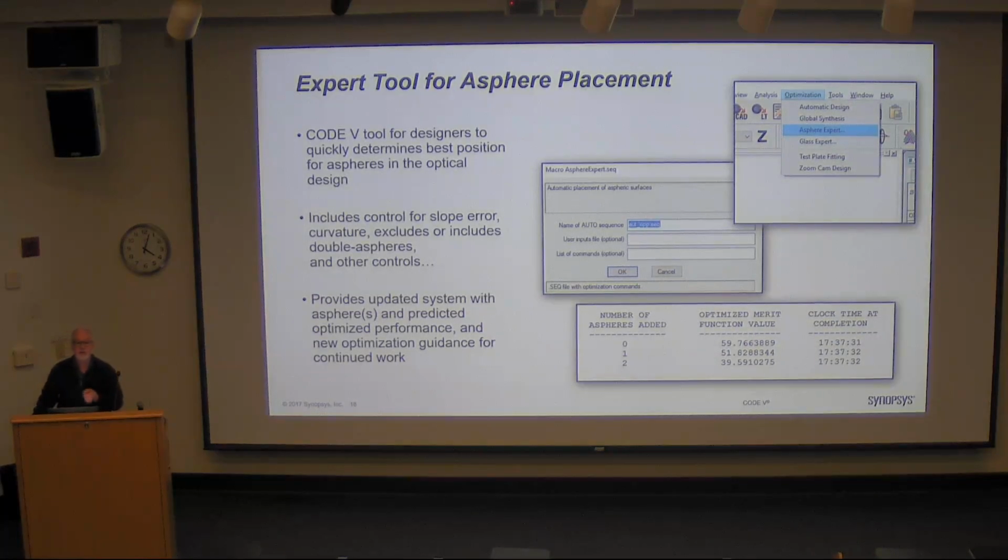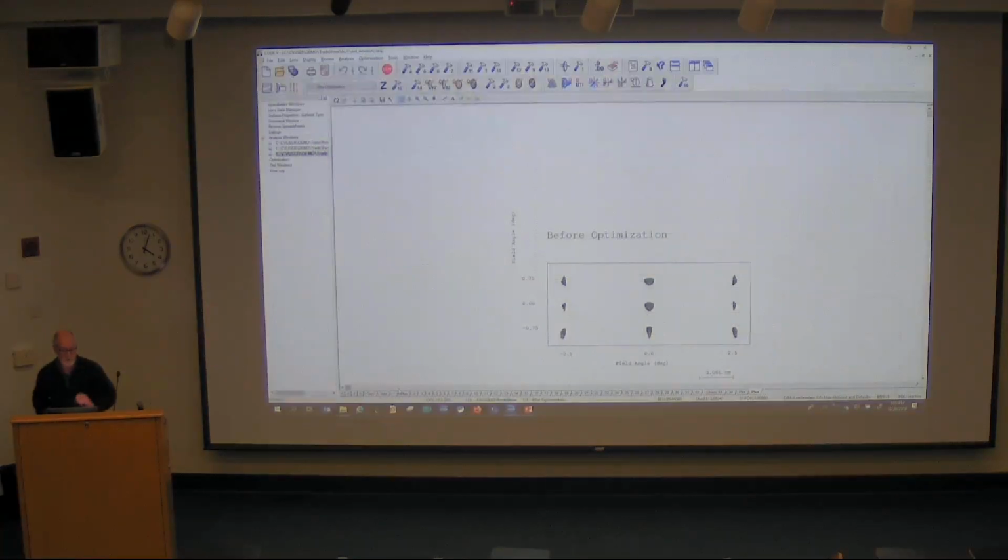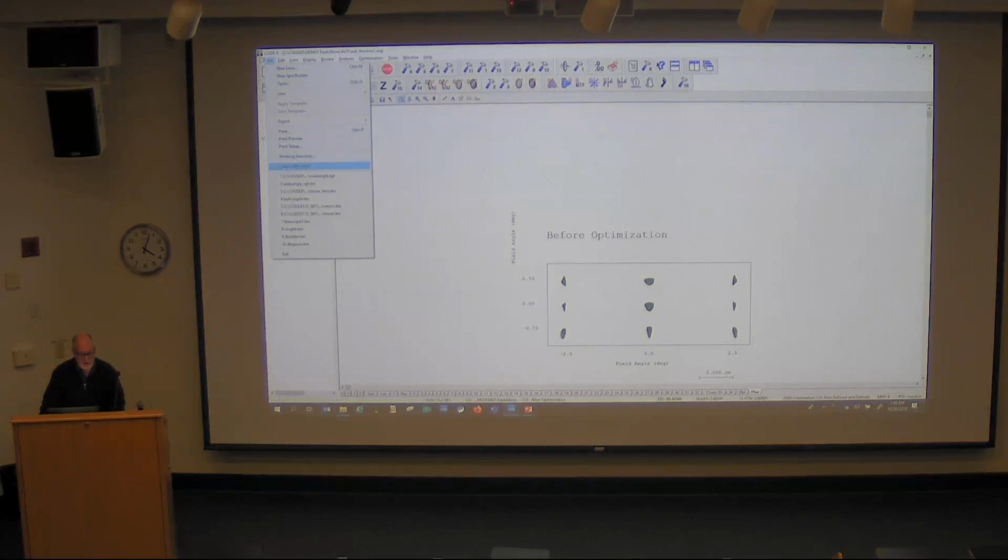We have a similar expert tool for aspheric surface placement. In the example I had before, the Tessar, where's Code 5? There we go. Let me restore this initial lens that I had, this wide angle lens.